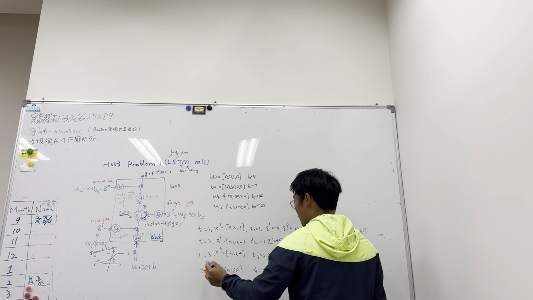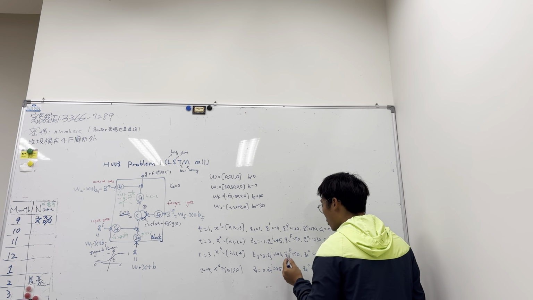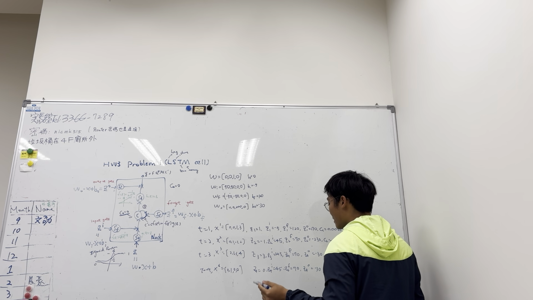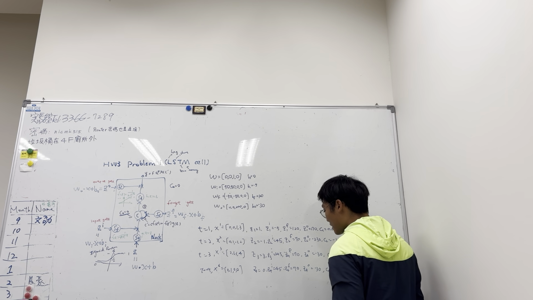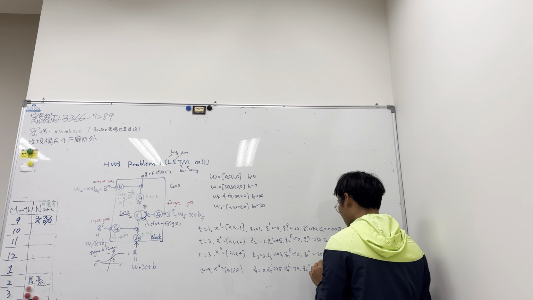The input is 3, which means the input gate opens, and the forget gate opens, which means the previous memory still exists at this timestamp.